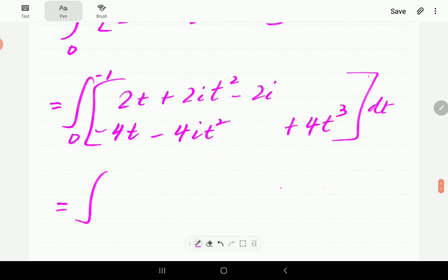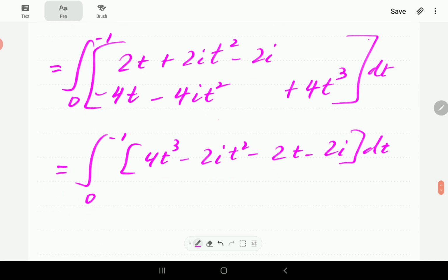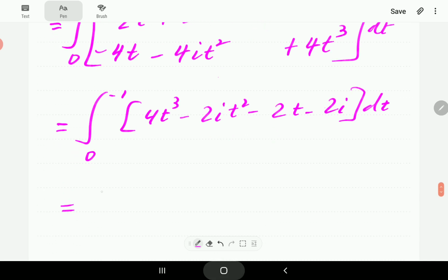So we are going to have the integral of 4t cubed, which is positive, then minus 2it squared, then minus 2t, then minus 2i. So that's what we are going to have as our integrand.